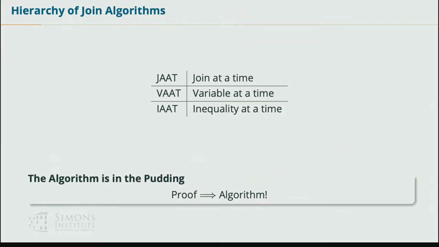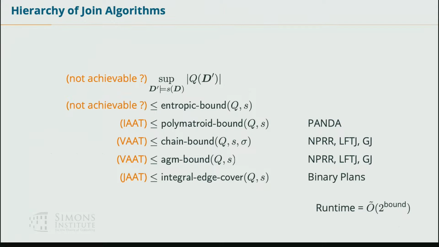Okay? So when we have a hierarchy of bounds like this, you will see that, for example, for the integral edge cover bound, a JAT algorithm will achieve it. For the AGM bound or chain bound, a VAT algorithm, variable at a time, will achieve it. For the polymatroid bound, the only algorithm known is an one inequality at a time algorithm.